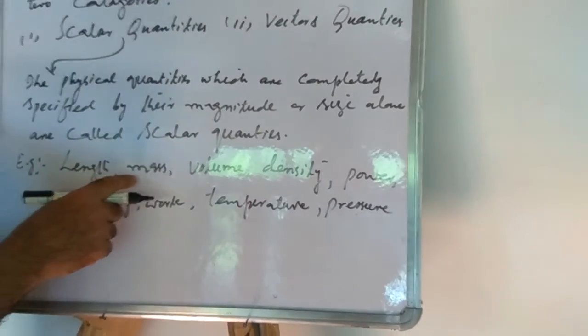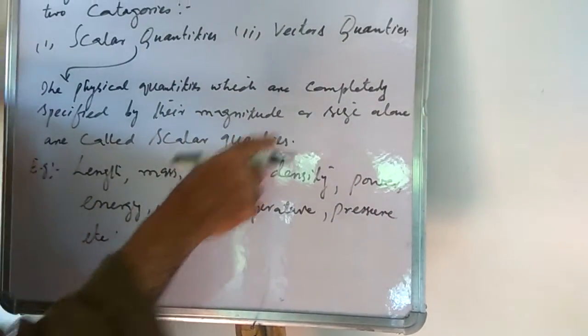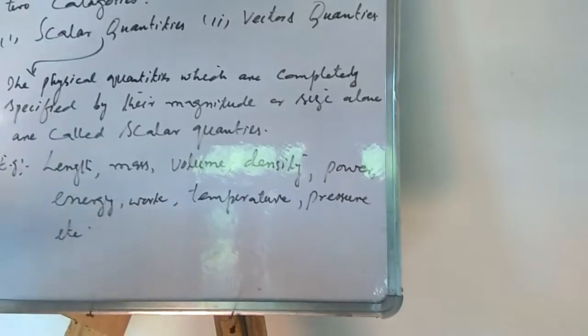Why? Because they can be specified completely by their magnitude or by their size. So they are known as scalar quantities.